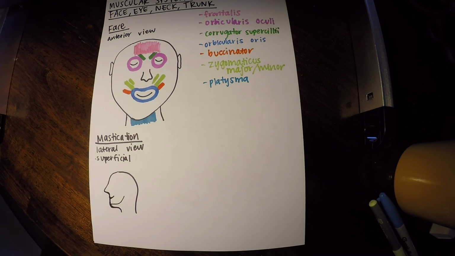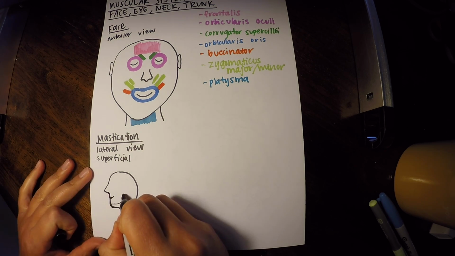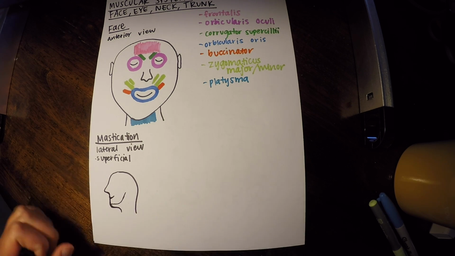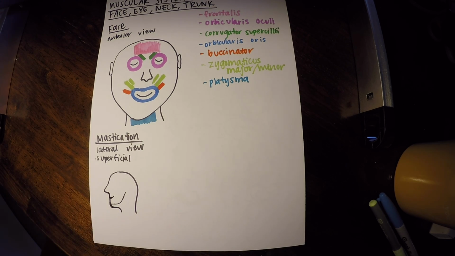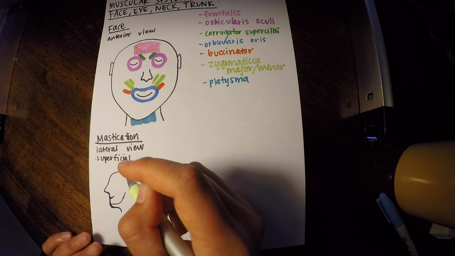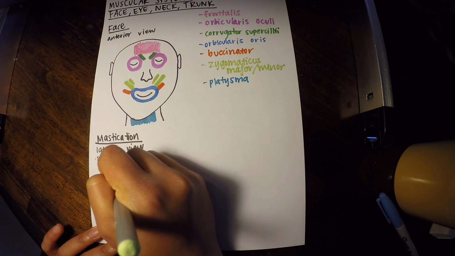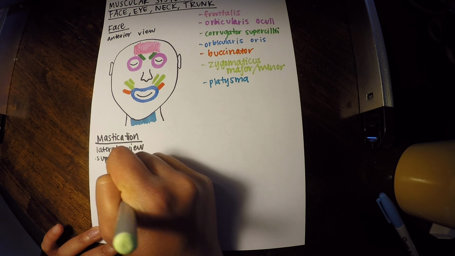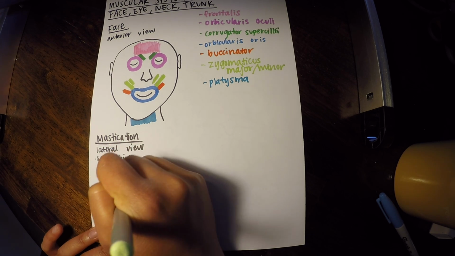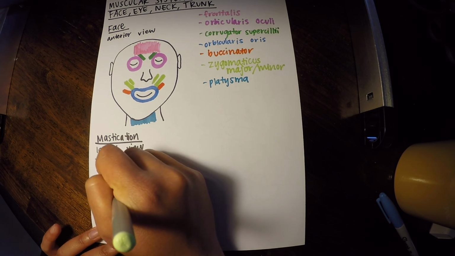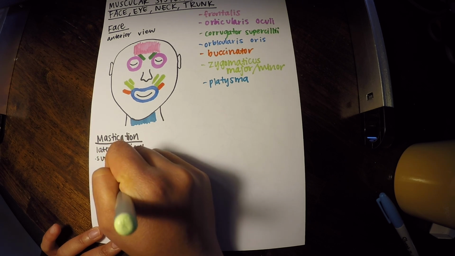For the more superficial ones, there are two different muscles that I really want you to pay attention to. The first one is called temporalis. That's right around where your temple is, so it's going to be pretty wide around there. Remember, we've talked about the temporal part of the skull as well. So these are all going to be our chewing muscles.